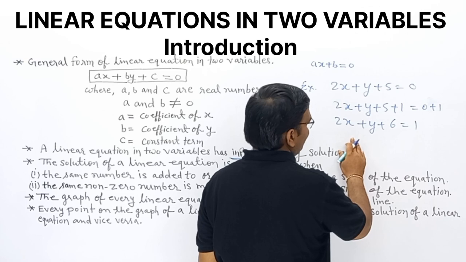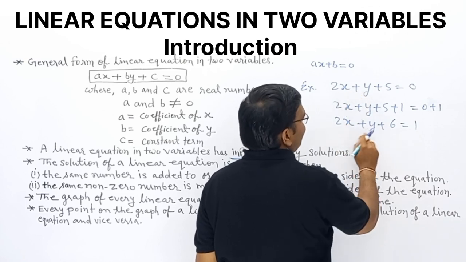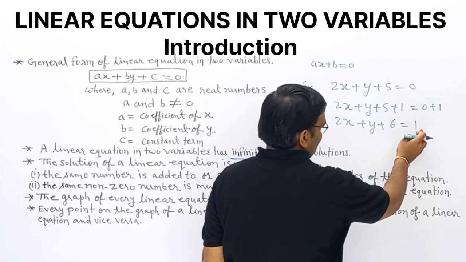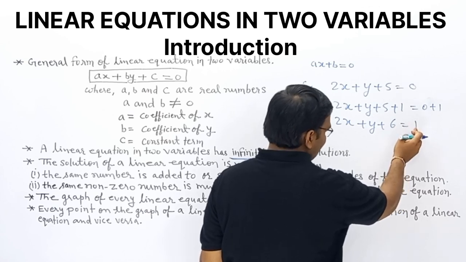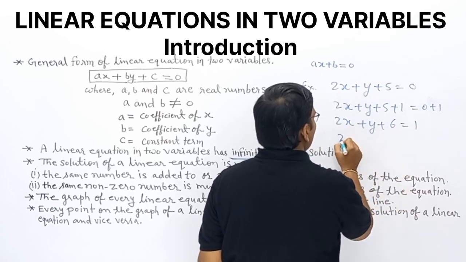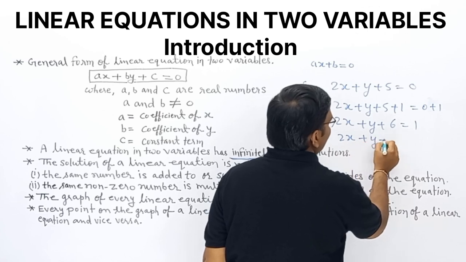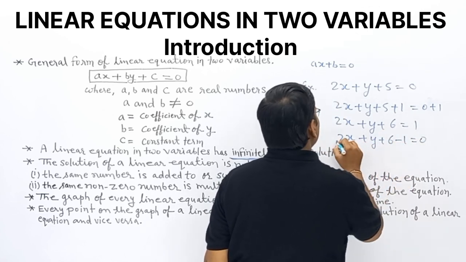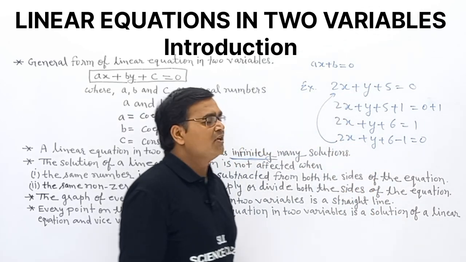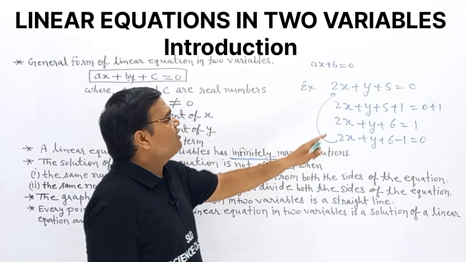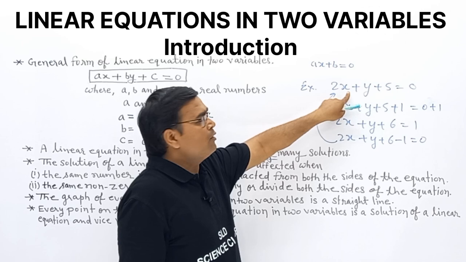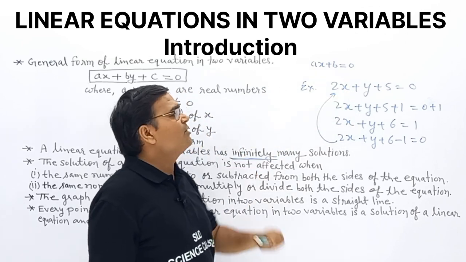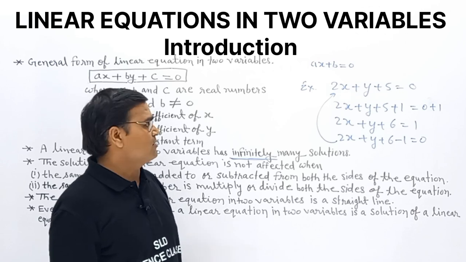Once we verify, transposing this 1 towards the left, 2x plus y plus 6, we get the same again. Yes or no? So the linear equation is unaffected once we add or subtract the same number from both the sides of the equation.